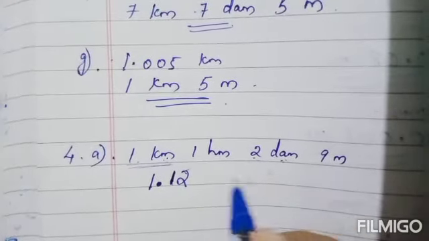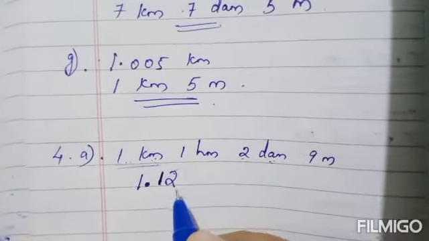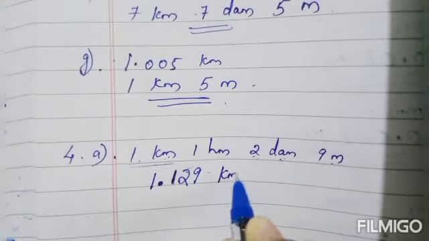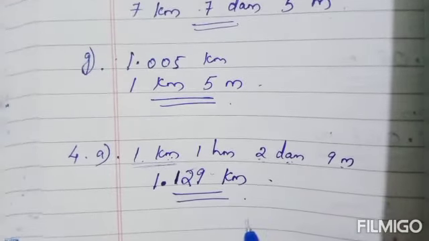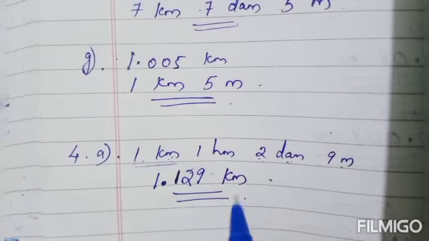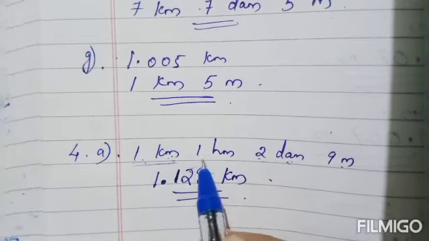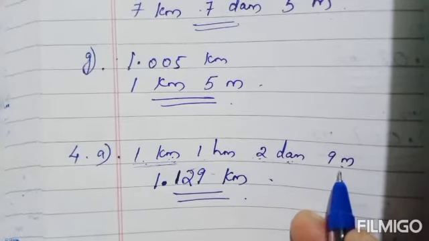So, 2. Now in 1000th place, meter will come, 9 meter in the question. So 9. Okay, 1.129, unit will be kilometer. This will be the decimal notation of 1 kilometer, 1 hectometer, 2 decameter, 9 meter.